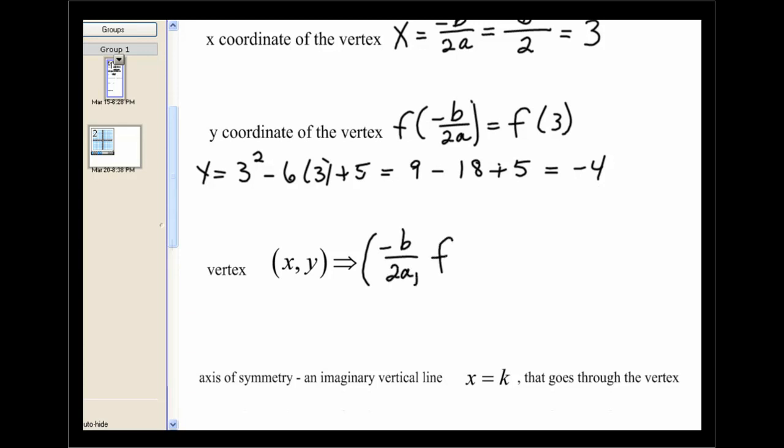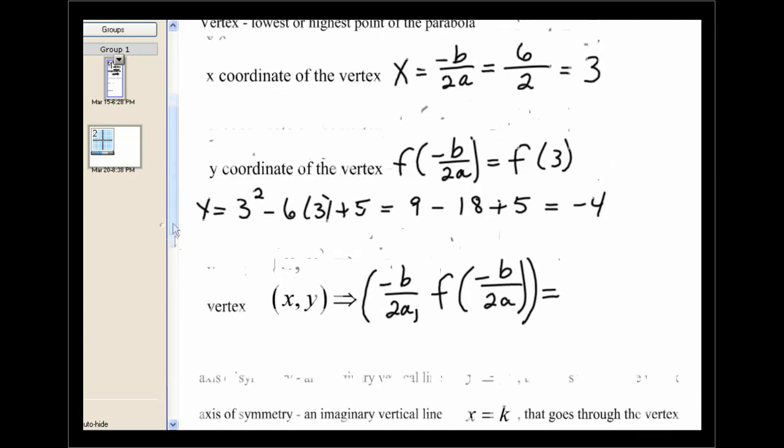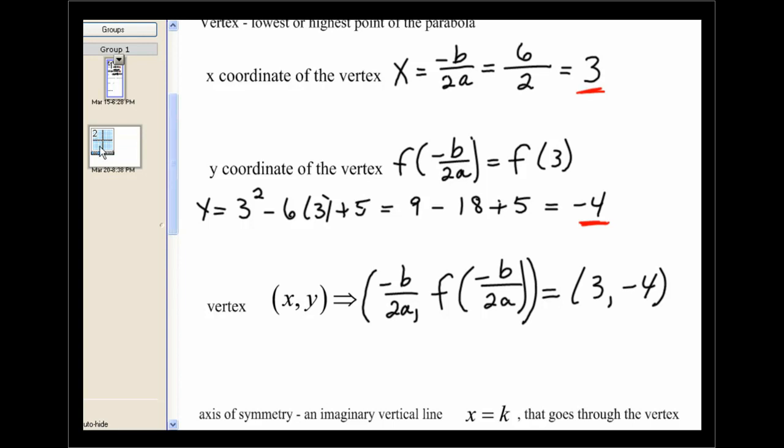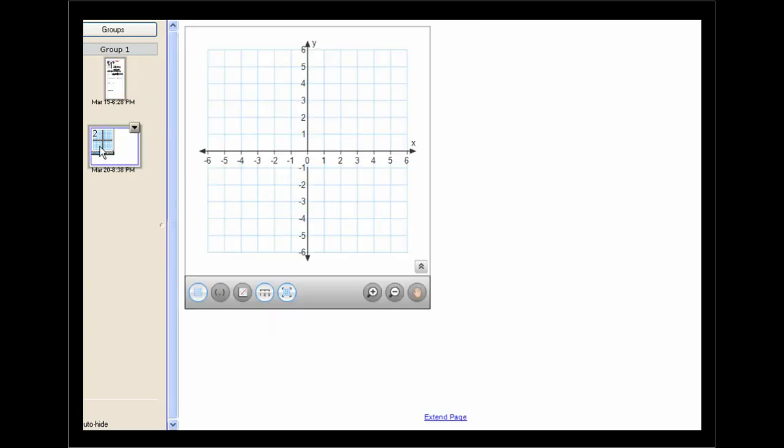The y-coordinate is evaluating our function at the opposite of b over 2a. So in our example, our ordered pair will be 3 comma negative 4. So we're going to plot that ordered pair, 3 comma negative 4, on our graph.